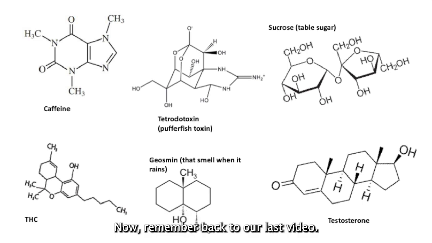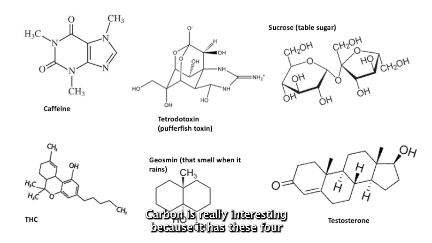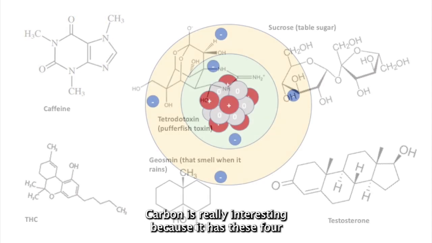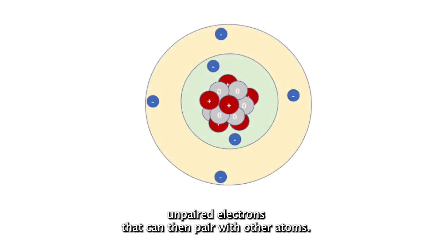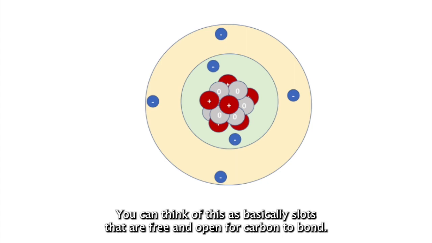Now, remember back to our last video, carbon is really interesting because it has these 4 unpaired electrons that can then pair with other atoms. You can think of this as basically slots that are free and open for carbon to bond with.